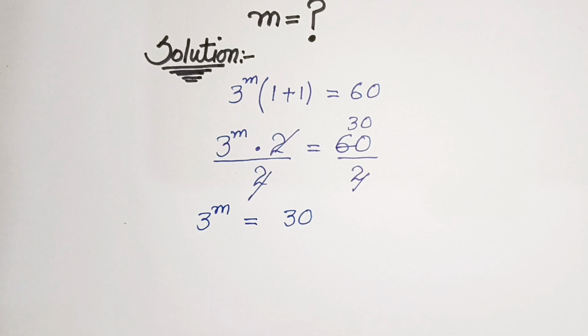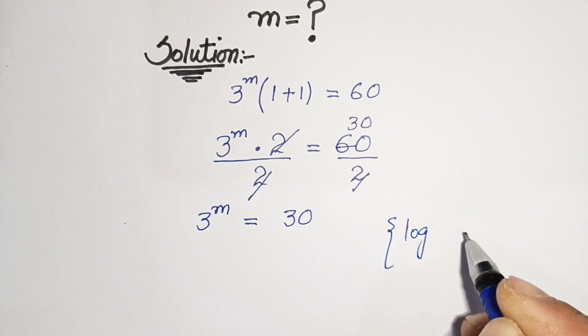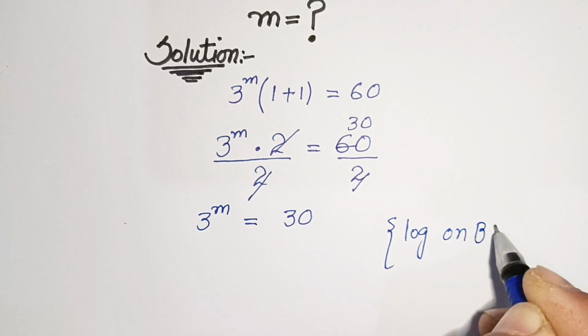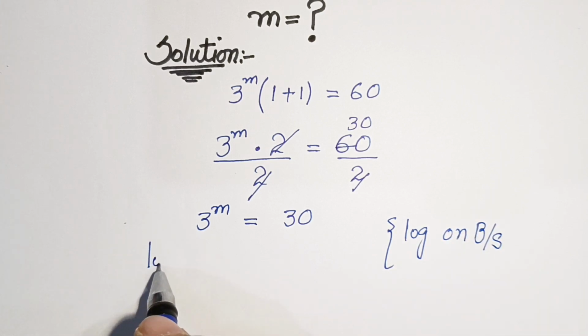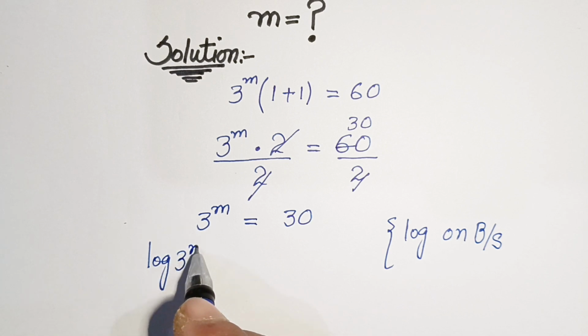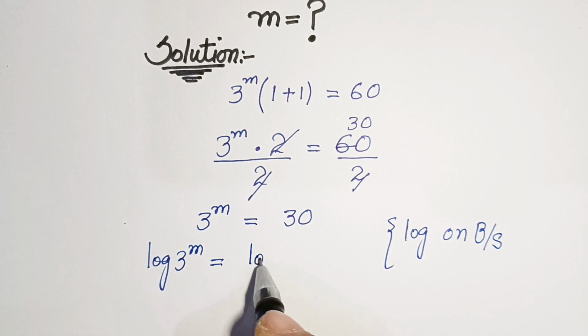Now we are going to take log on both sides. Taking log on both sides, we get log 3 to the power m is equal to log 30.